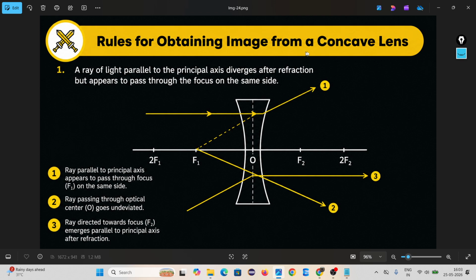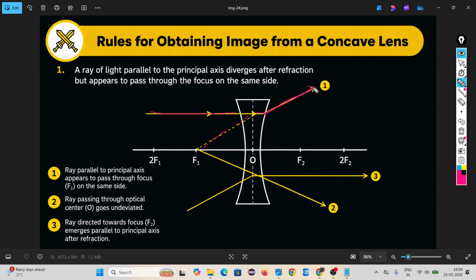Rules for obtaining image from a concave lens. We completed for convex lens. Concave lens: a ray coming parallel to the principal axis diverges after refraction, but appears to meet through the focus on the same side. A ray parallel to principal axis appears to pass through focus F1.